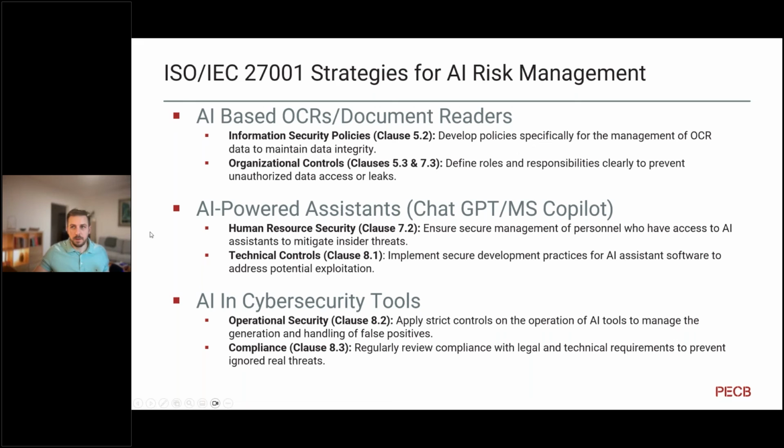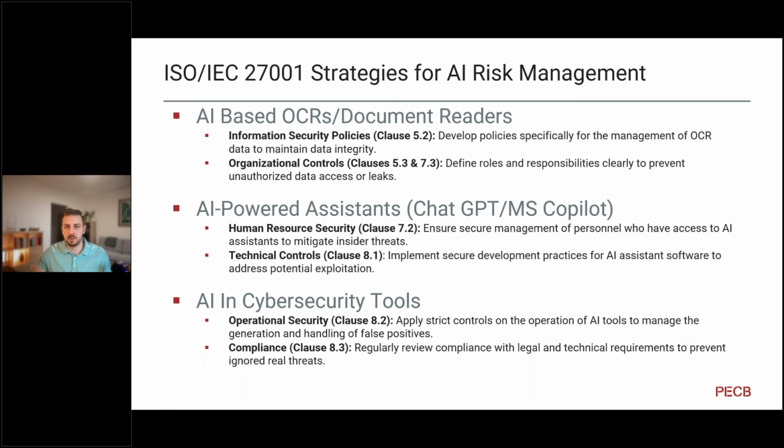So it's very similar. These are very similar last two slides. Basically, these are a couple of examples of controls on a per use case basis. For example, I'll just take one of them, in AI and security tools. You want to focus on operational security, among other things.